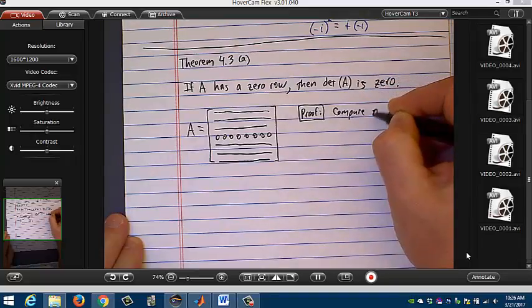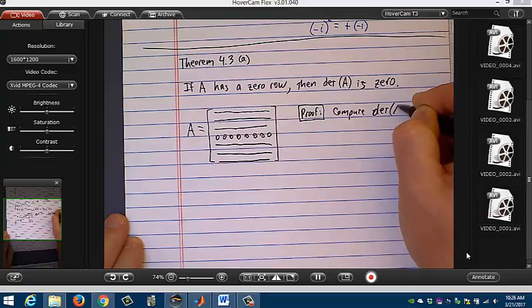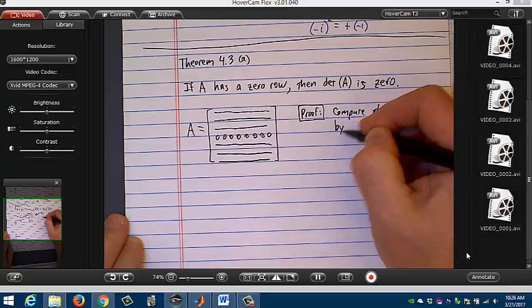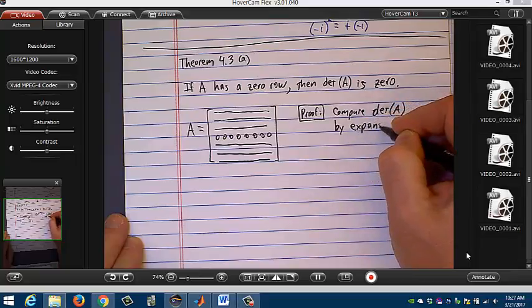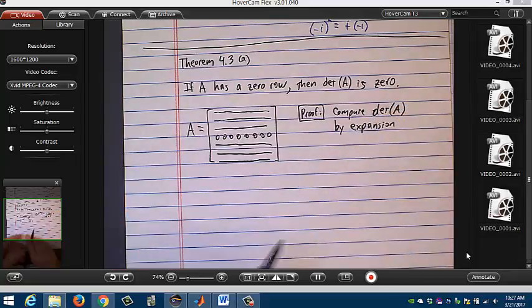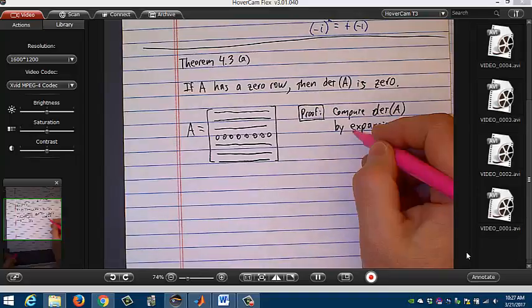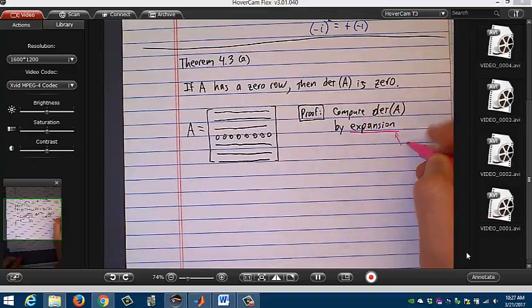Compute the determinant of A by expansion. Is that a word you guys know? Do you guys know that word? Laplace expansion is what it's called formally, I guess. If not, I'll explain it.